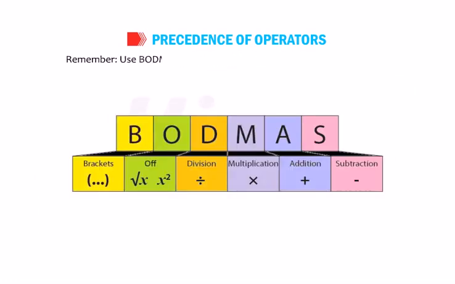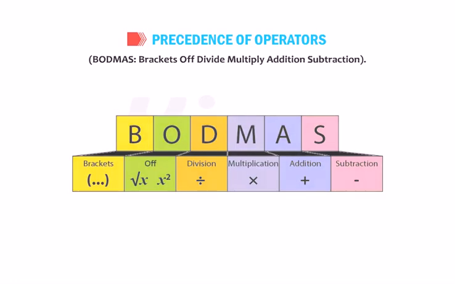Remember, use the BODMAS rule to evaluate the operators in an expression. BODMAS: brackets, of, divide, multiply, addition, subtraction.